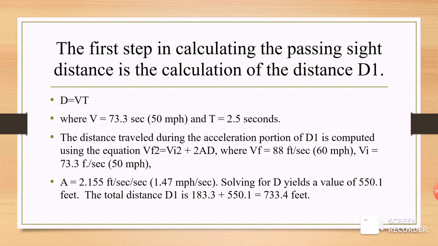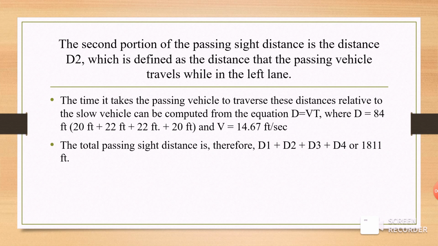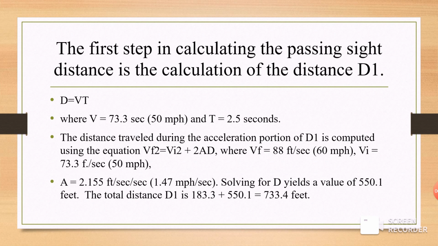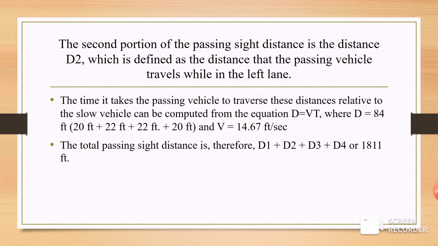So the second portion of the passing sight distance is the distance D2, which is defined as the distance that the passing vehicle travels while in the left lane. So the time it takes the passing vehicle to traverse these distances relative to the slow vehicle can be computed from the equation, again, D equals Vt, where D is equal to 84 feet times 20 feet plus 22 feet plus 22 feet plus 20 feet.